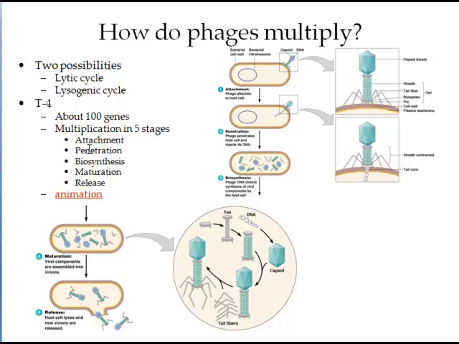Once the attachment has taken place, the next step is penetration. That is, the T-even bacteriophage will inject its DNA, or nucleic acid, into the bacterium. As I said, it attaches up here with the tail, and then it injects in there. So think of a syringe. You're actually injecting the inside, which is the nucleic material, into the whole cell.